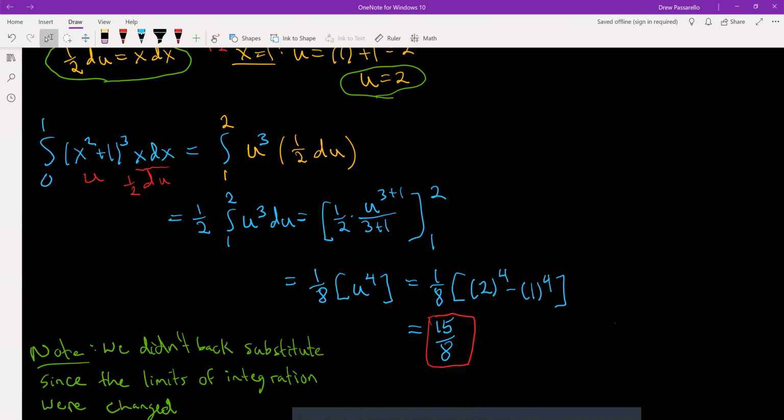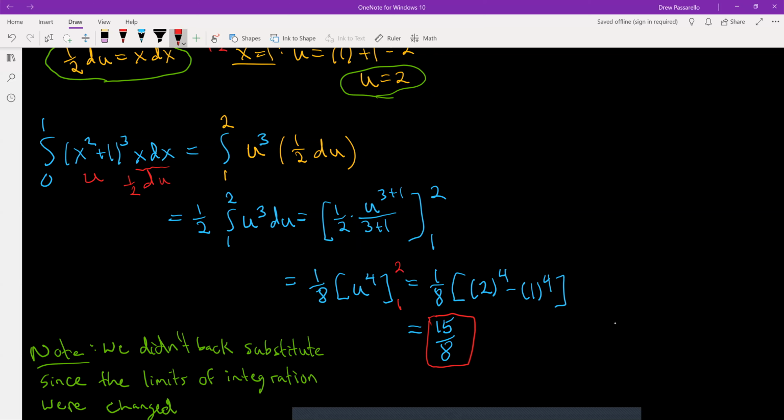So you get 1 over 8 times u to the 4th. And I should have written this, my limits of integration are 1 and 2. All right, I don't change the variable back in terms of x. I keep it with u because I've changed the limits of integration with respect to u.